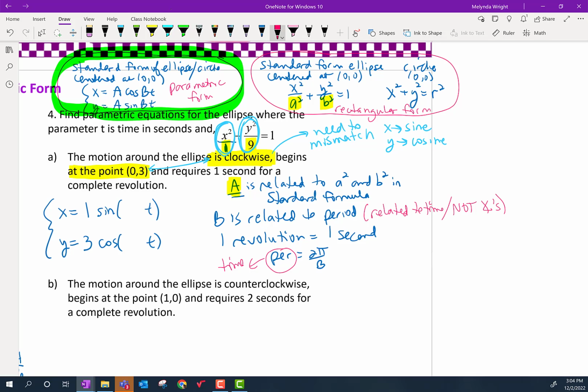Okay, so we have the time was 1 second. So I have 1 equals 2 pi over b. So I cross multiply, I solve, and I get b is 2 pi. So that's what goes here. B is 2 pi.